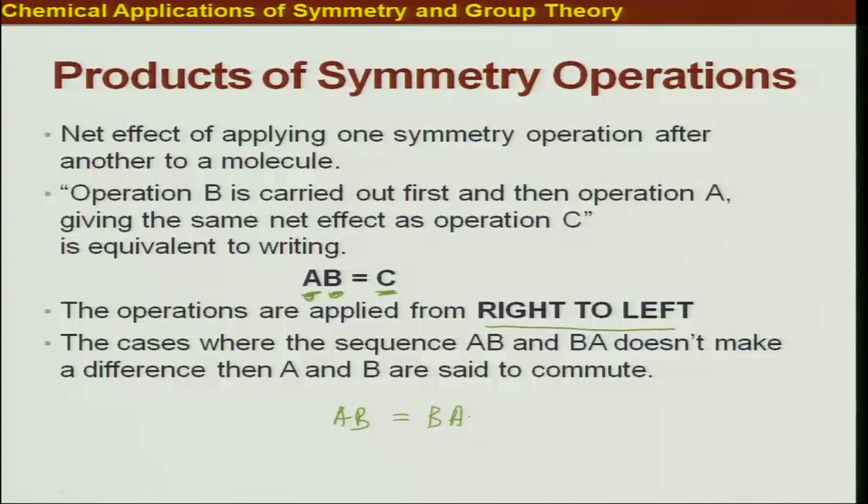In that case, we say that A and B commute, and they have certain implications. And when all the symmetry operations commute with each other in a symmetry point group, we call that an abelian point group.